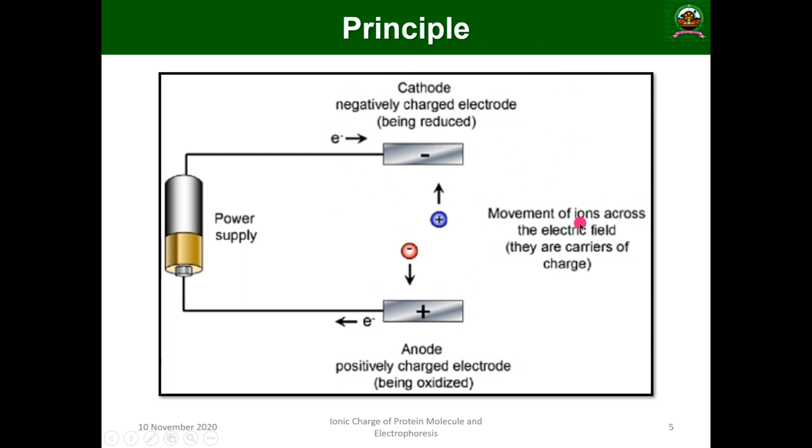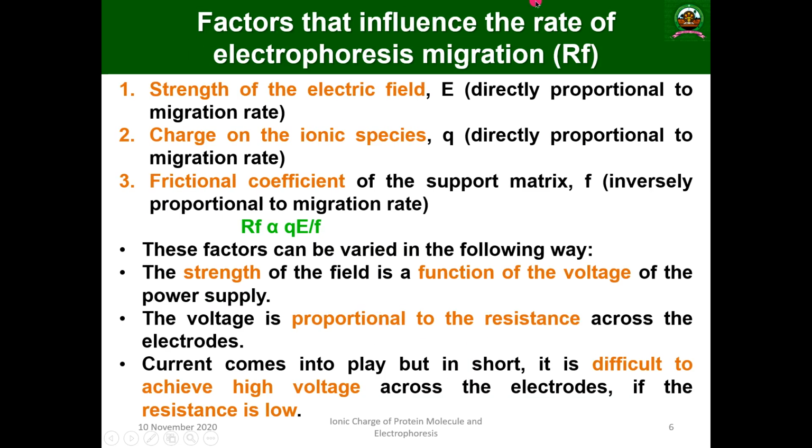Okay, so here the movement of ions across the electric field, they are carriers of the charge. This is the normal principle. And the major factors that influence the rate of electrophoretic migration: whenever we subject a particular component to an electric field, what will happen? The charge will migrate. The migration rate mainly depends on three factors.